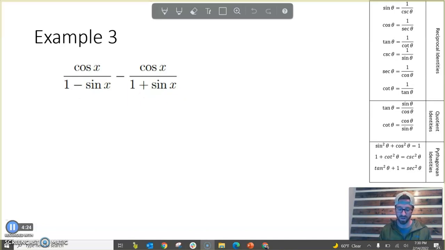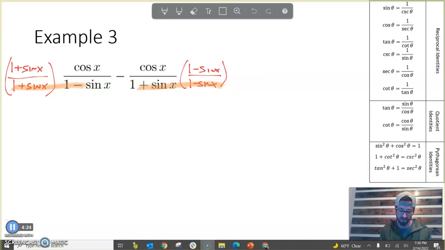So the way we get the denominator that we want is I multiply this side by 1 minus sine x over 1 minus sine x, and then I multiply this side by 1 plus sine x over 1 plus sine x. And whenever I do that, we could do a few different things here, but I'm just going to write it as one big fraction first, because notice we've got the same denominator on both sides now, so I'm just going to write it over 1 plus sine x and 1 minus sine x.